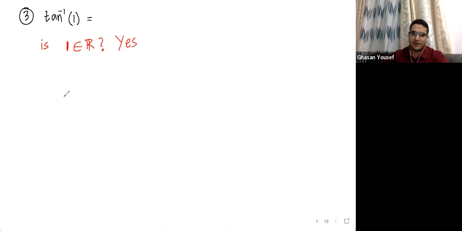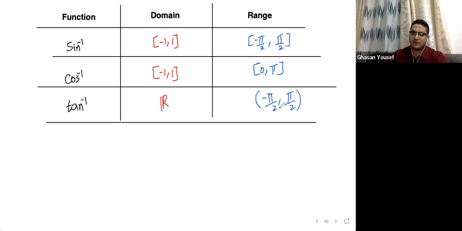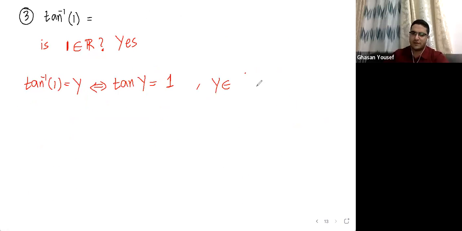Okay, second question. Tan inverse of 1 equals y. Now take the tan of both sides. Tan of y equals 1, such that this y must belong to the range. The range is from minus pi over 2 to pi over 2, open parentheses.